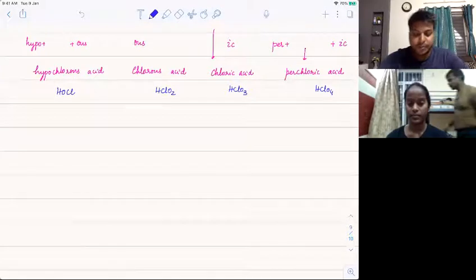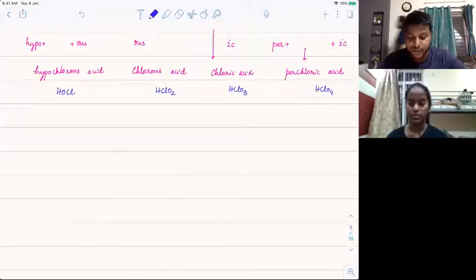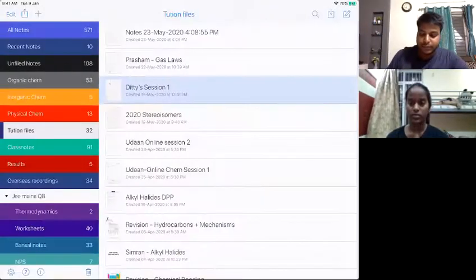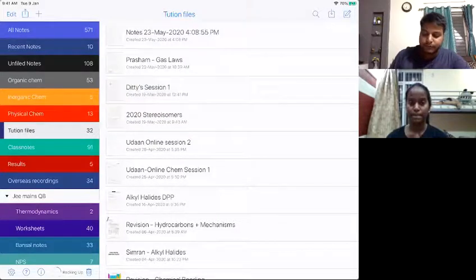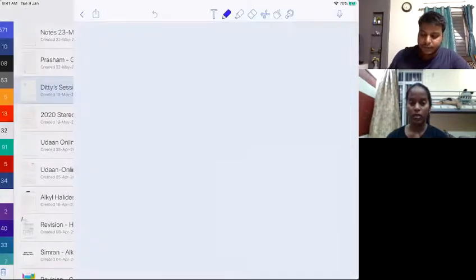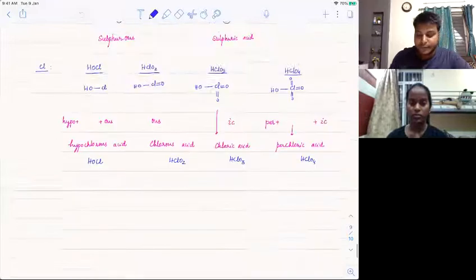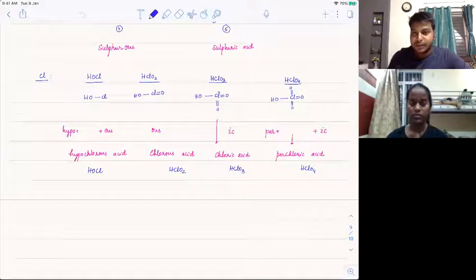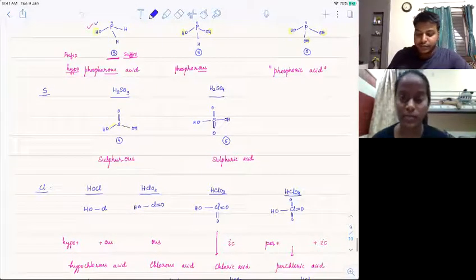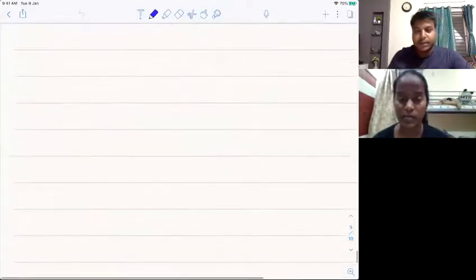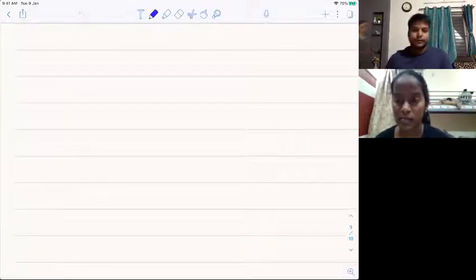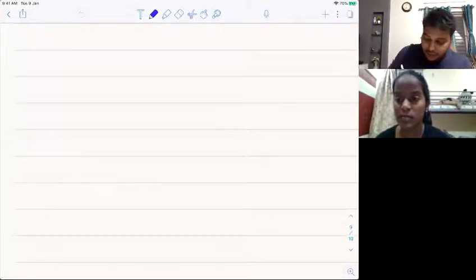Now you should remember, given any acid form, you must definitely know how to represent that. Is this clear? Given any acid, you should be able to name it. And now coming to the salts.